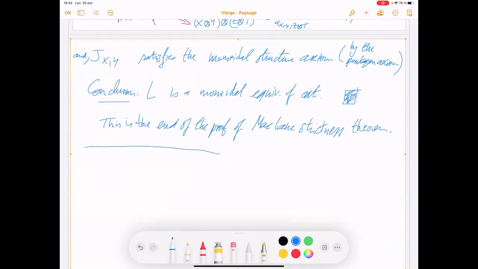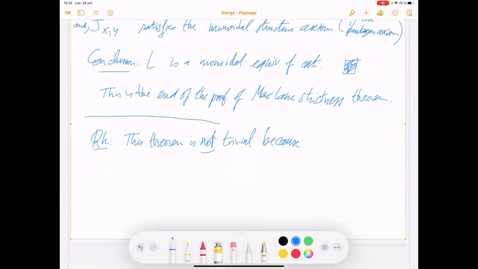So remark, this theorem is not trivial because a monoidal category is always monoidally equivalent to a strict one.